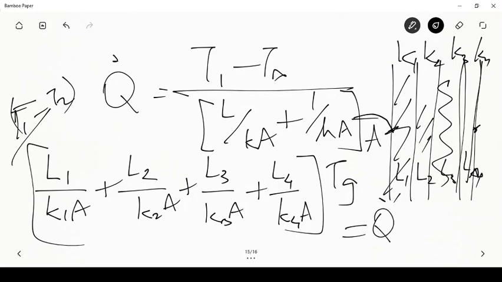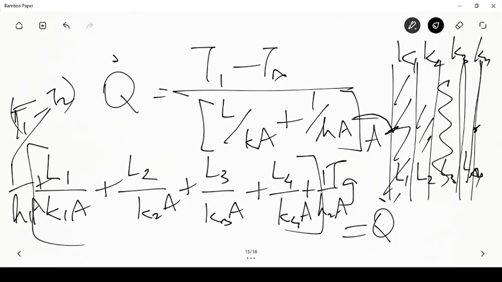And if I consider the convection on the inside and the convection on the outside also, I would have a term of 1 over H1A on this side and another one plus 1 over H2A on this side, and all of them put together will give me the total resistance.